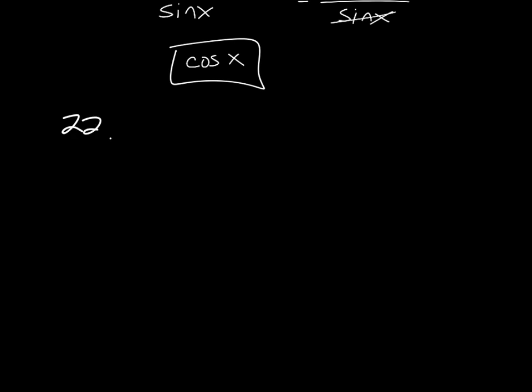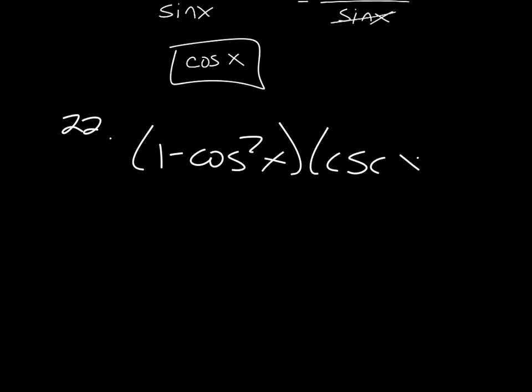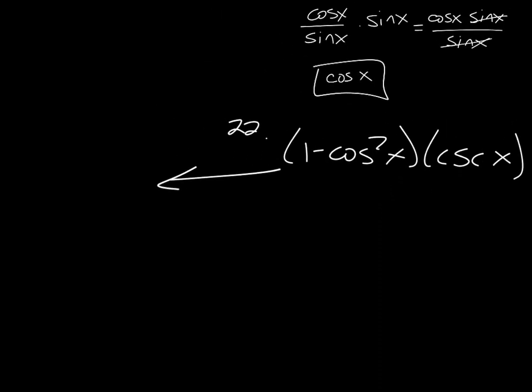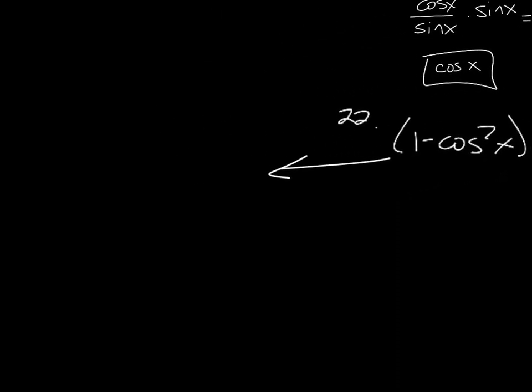Now, before you do 22, I do want to point out something. This is not what we need right now, but I do want you to start being able to think this way because this is coming down the road. You want to be able to identify just this part of it as the difference of squares. Do we recognize that as a difference of squares possibility?